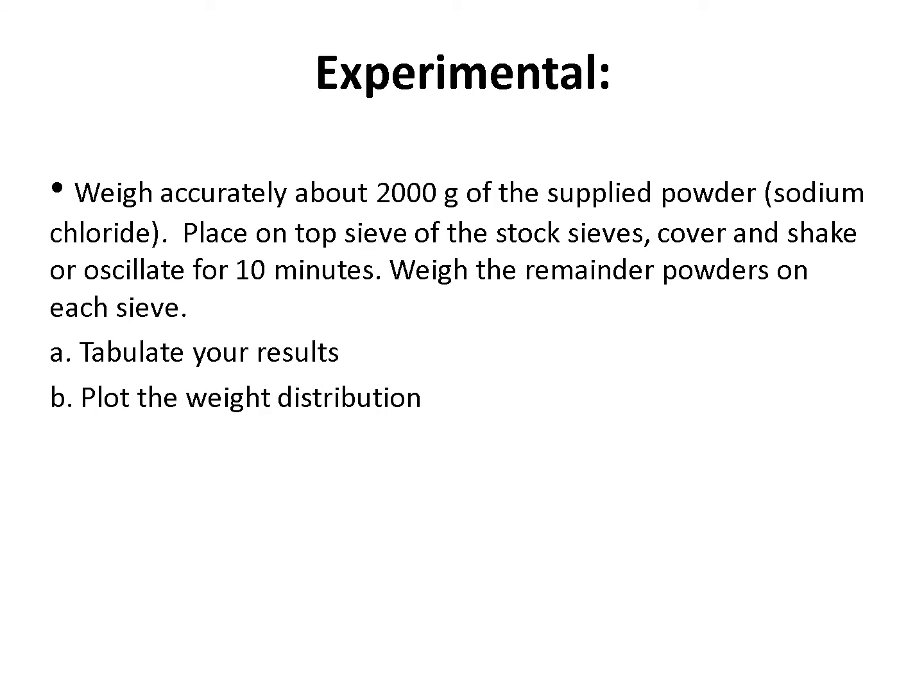Arrange them from the coarse to the fine, and we put around 2000 grams of sodium chloride at the top, and we shake or oscillate it for 10 minutes and weigh the powder that is retained, because after shaking or vibration, a certain amount of the 2000 will settle on each sieve. That means the particle size on that sieve is above or equal to the aperture size of that sieve.